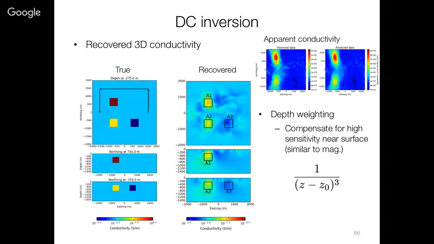From an understanding perspective, it's more like a potential field, fitting conductivity structure that's really right at the surface. So you need to put in a depth weighting. But if you do that, you get out something that looks like this. So you get a big conductor here, smaller conductor there, and a resistor there, and there are the cross sections. So that's what's standard.